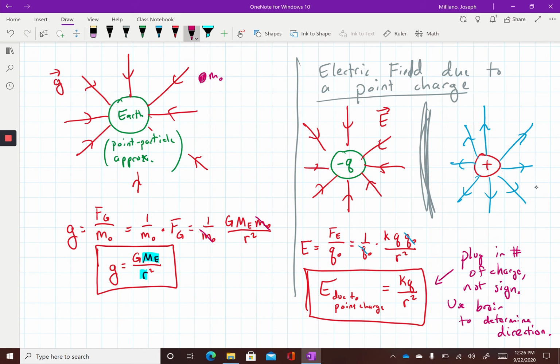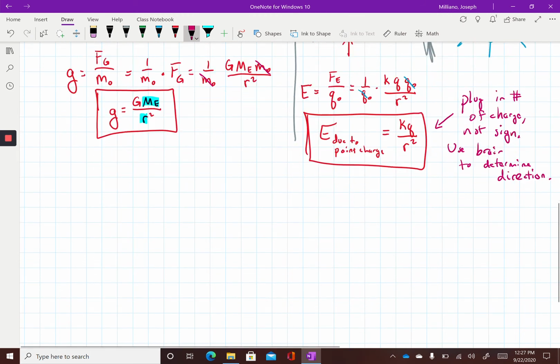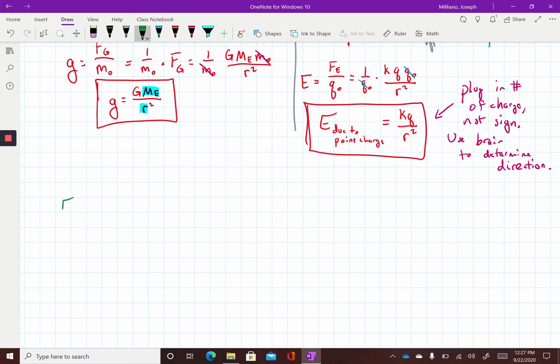All right, so this is what the electric field around a point charge would look like. We can see that there's an inverse relationship with the distance squared. And so what that means is that the electric field gets stronger the closer you get to its source. Let me back up.